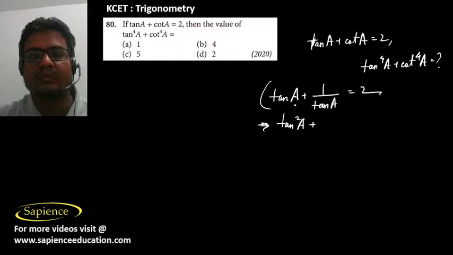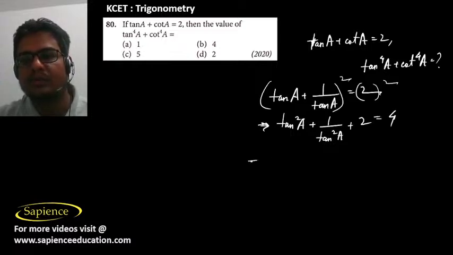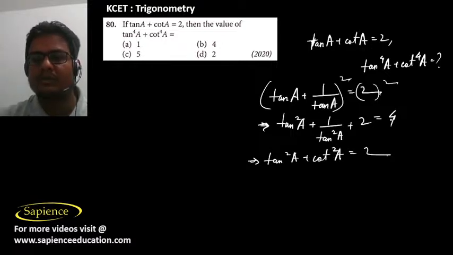or we can square both sides. If we square both sides, then we will get tan² A + 1/tan² A + 2, that is equal to 4. Means that tan² A + cot² A is equal to 4 minus 2, that is 2.